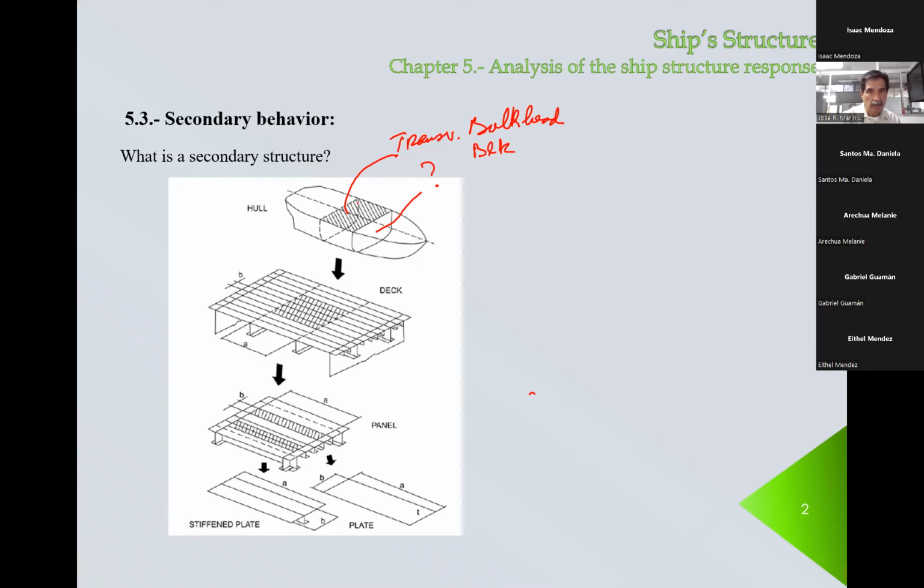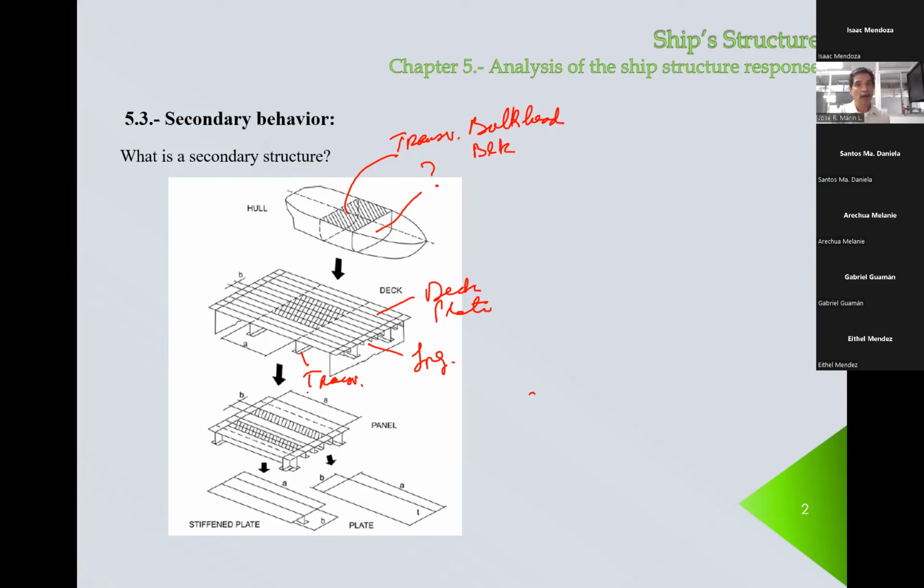Now, in the upper part, in the deck area, we see the cross section, a cross area. That's what we consider a secondary structure. It's composed, as you can see here, of plating. This is the deck plate. We have longitudinals, transversals.